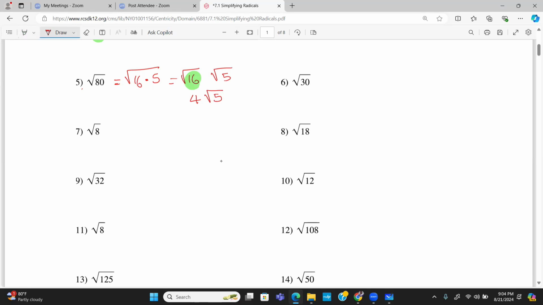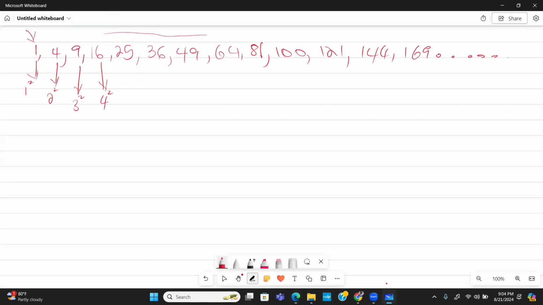Now, there is another way we could have worked this out as well, right? Let's take a look at a second way to do this. For the root of 80, we have two numbers that could have worked: we have 4, we have 16. In the response that we just did, we used 16.